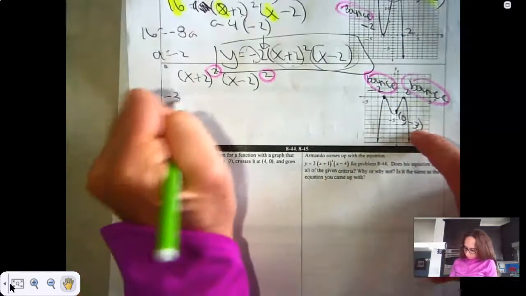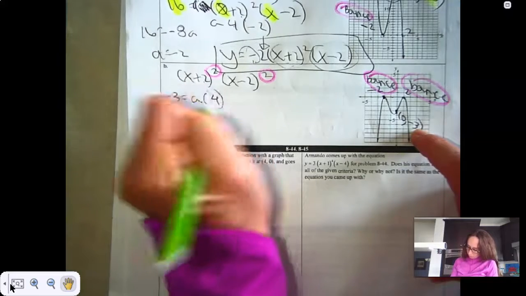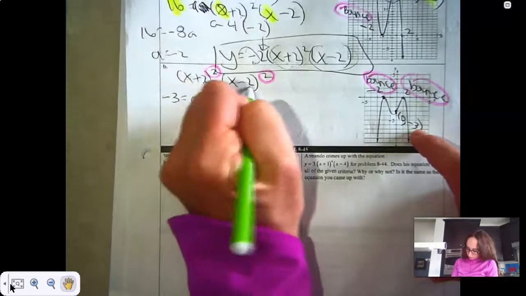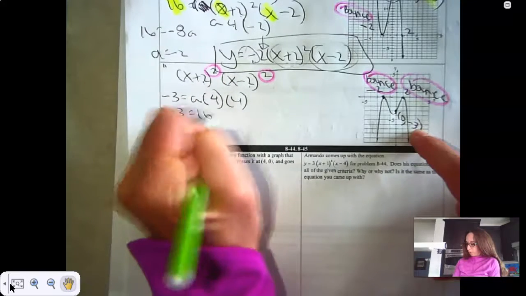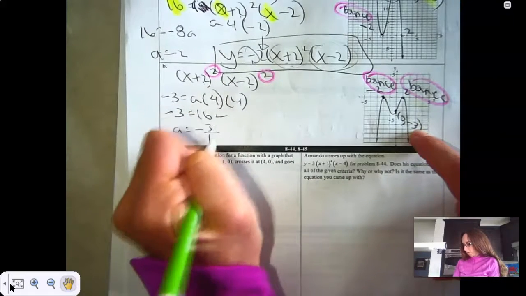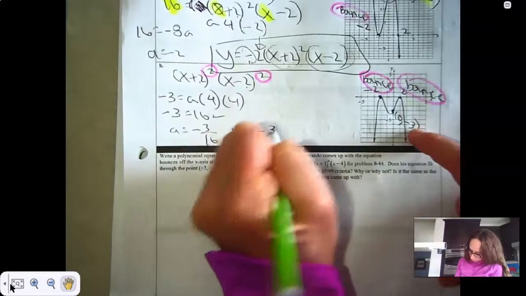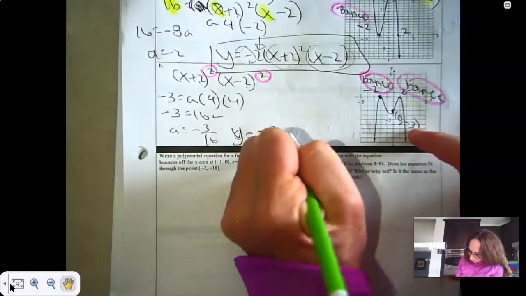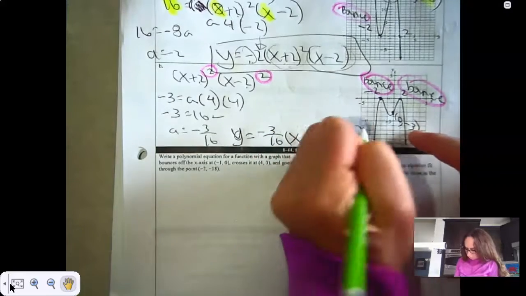So negative 3 goes in for y. 0 goes in for x. 0 plus 2 is 2 squared. 0 minus 2 squared is 4. Negative 3 equals 16a. All right, equation. Y equals negative 3/16. X plus 2 squared, x minus 2 squared.